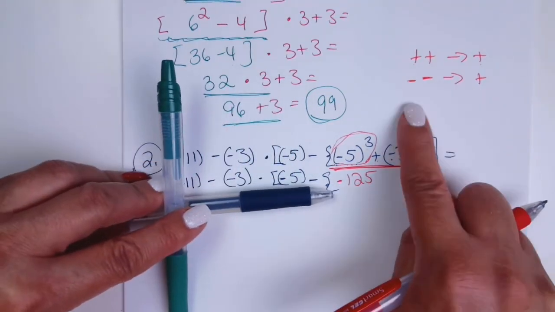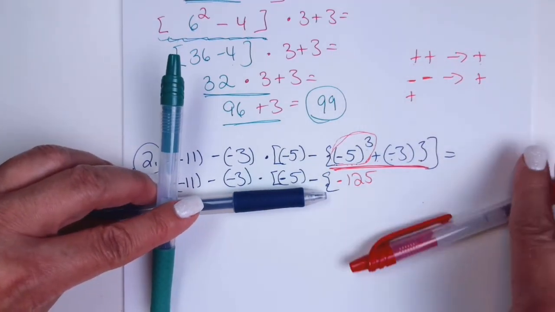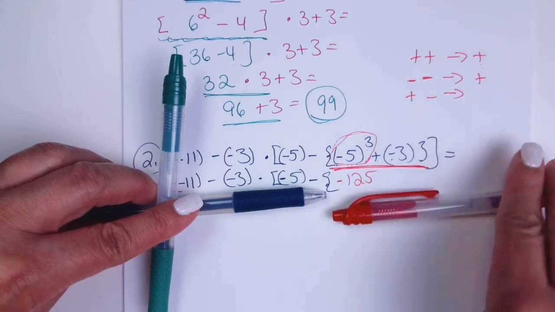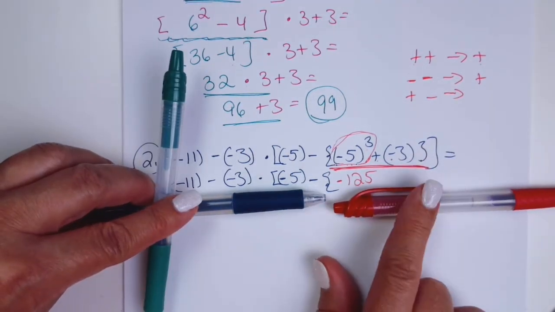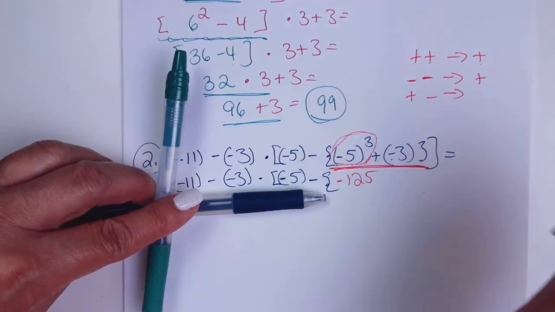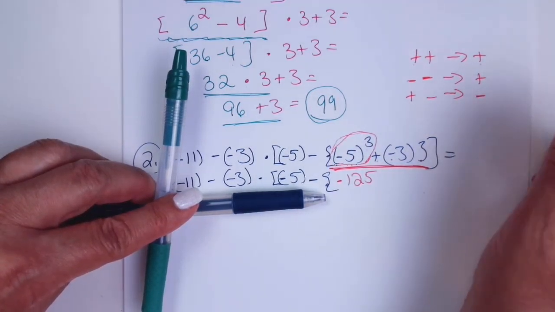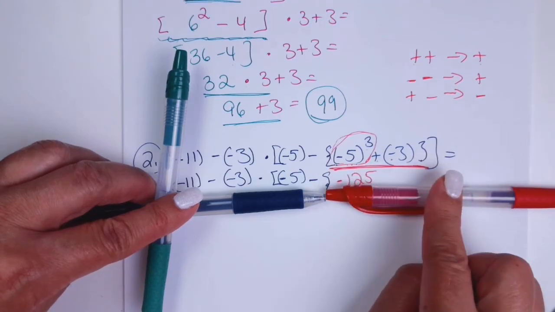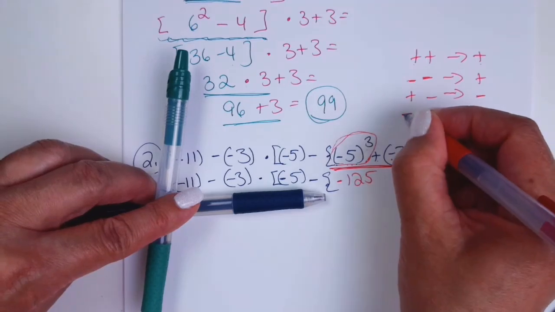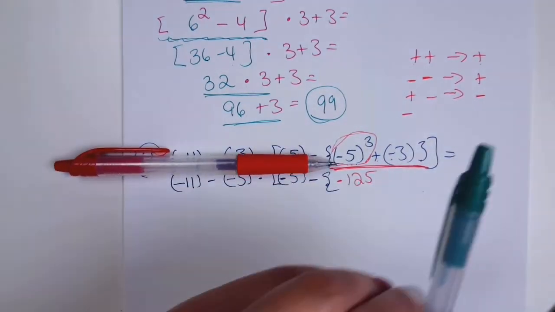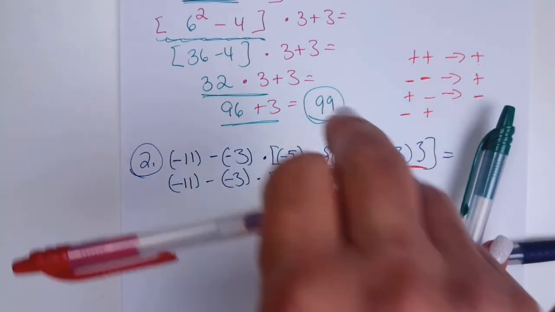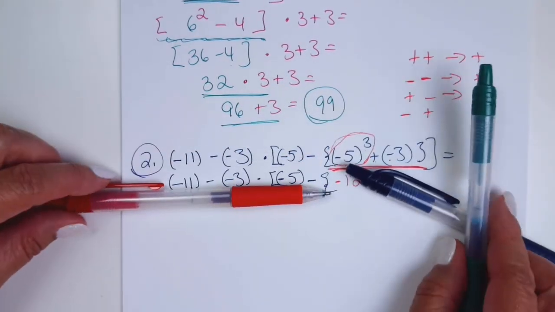Now, if I have a plus sign and a negative sign, so I have a plus and a negative, I don't have a friend for this negative sign here, so this is going to end up being a negative, because I can't make it into a plus sign. I would need another negative to make it into a plus sign. Same thing if I have a negative first and then a positive, so a minus and a plus.